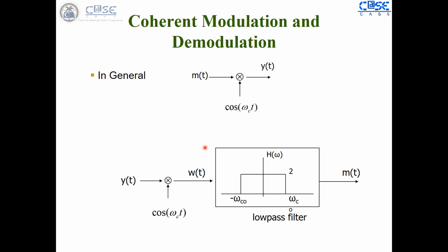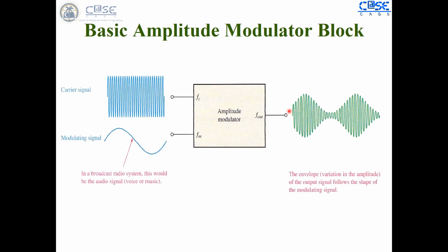But like I said earlier, we can also follow the envelope of the received modulated signal to extract the original message information that was sent from the transmitter end. For envelope detection, we usually follow certain criteria, or in other words, we have to meet certain conditions in order for the signal to be received non-coherently, right?